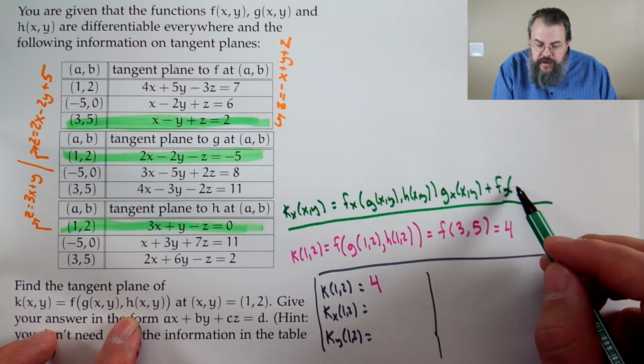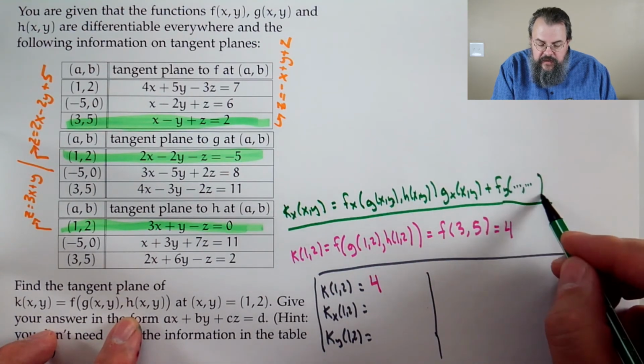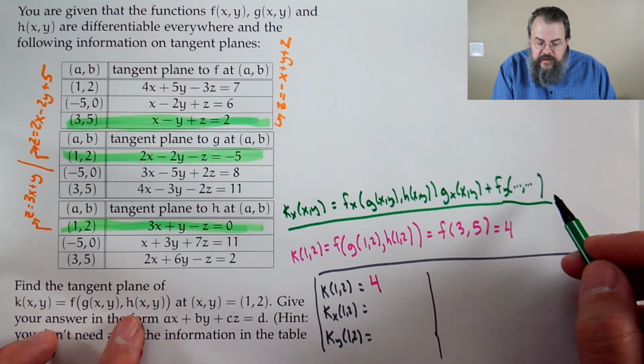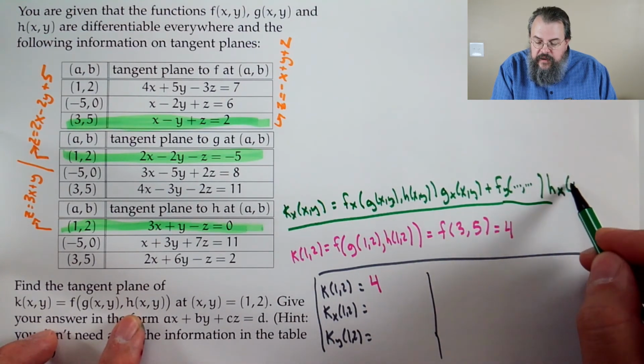So I'm just going to put in dot, dot, dot, comma, dot, dot, dot, just so we have enough space, times the derivative of the second slot with respect to x, which is h sub x of x, y.